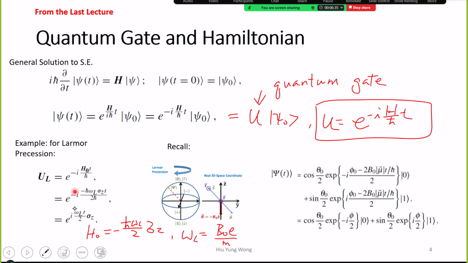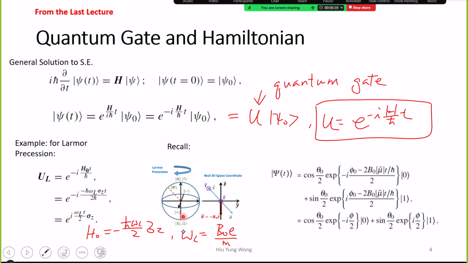For example, we learned that before, like for Larmor precession. In Larmor precession, the Hamiltonian, you go through the derivation we learned earlier. What is Larmor precession? It is a magnetic field pointing downward in this case, and then you split the energy into two parts: 0 for spin up, and 1 for spin down. This is for an electron.